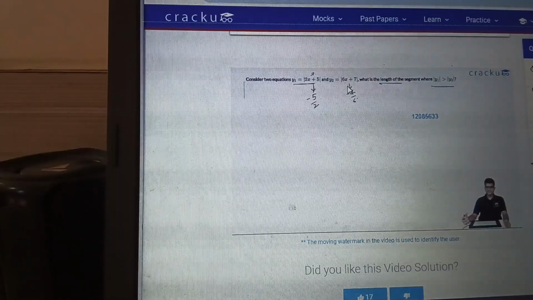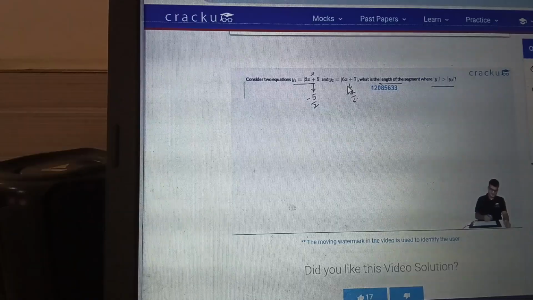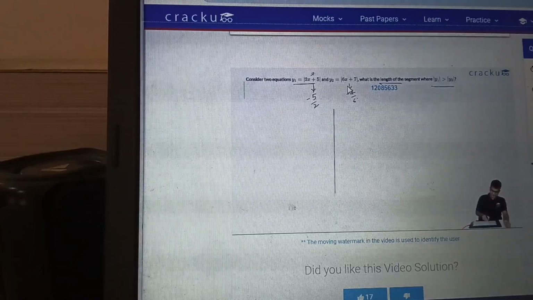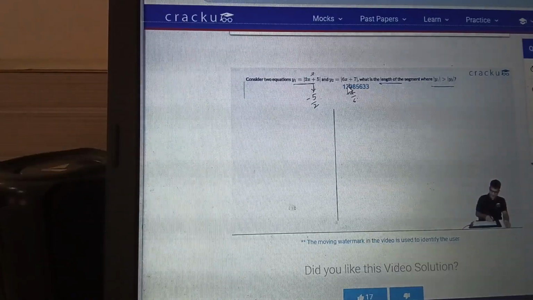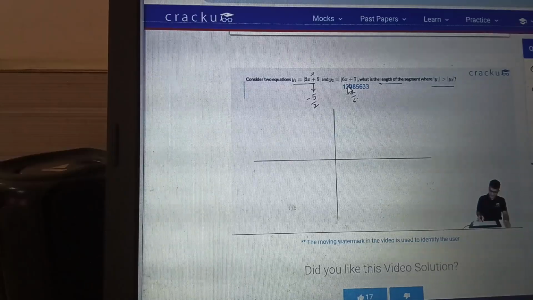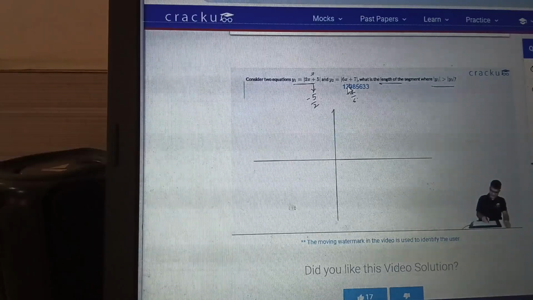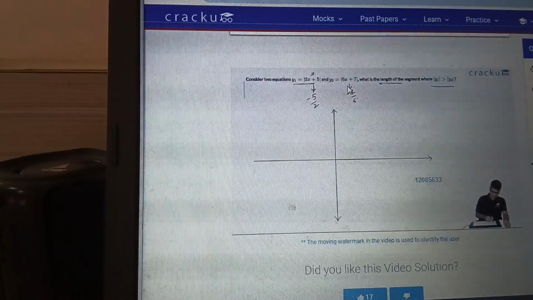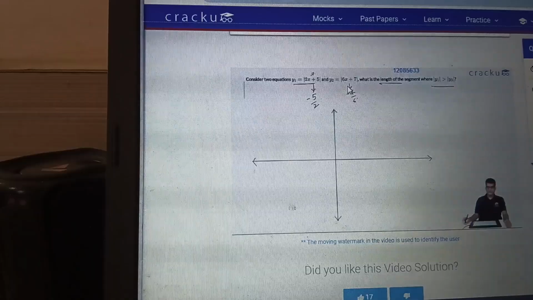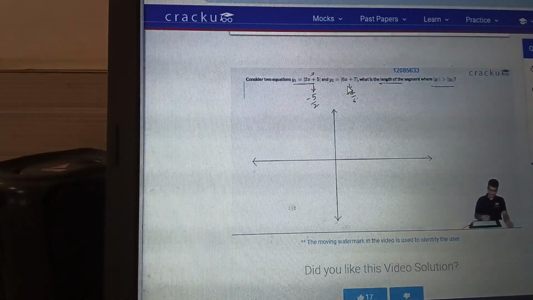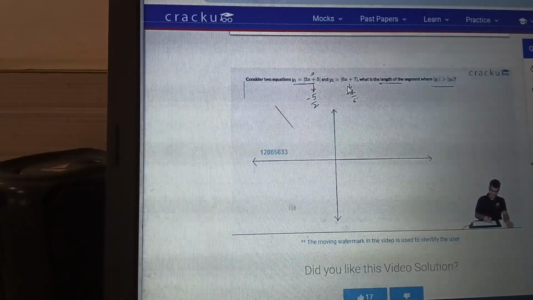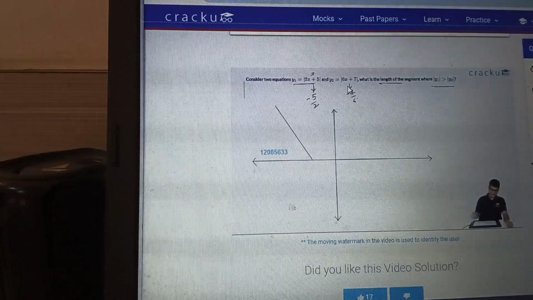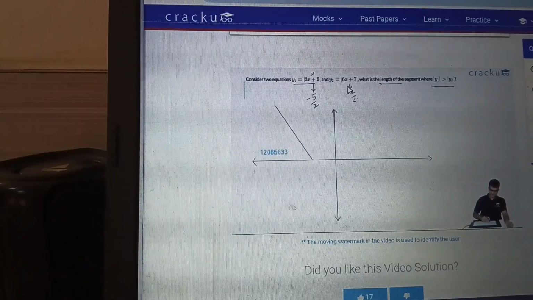To actually understand this question better, let us first draw both the graphs. Drawing the graph will involve first taking note of the inflection points. This is the y-axis and the x-axis respectively. The inflection point for the first one is minus 5 by 2, so it will be a V-shaped line which will touch the x-axis at minus 5 by 2, and then it will continue to rise up.